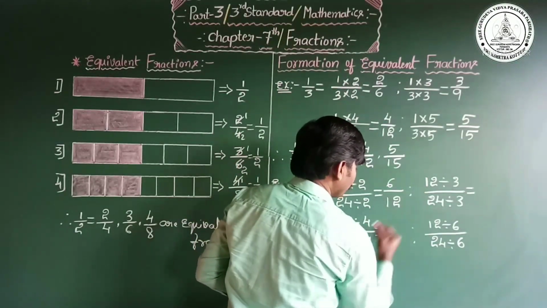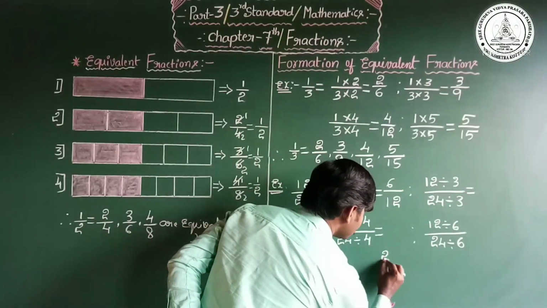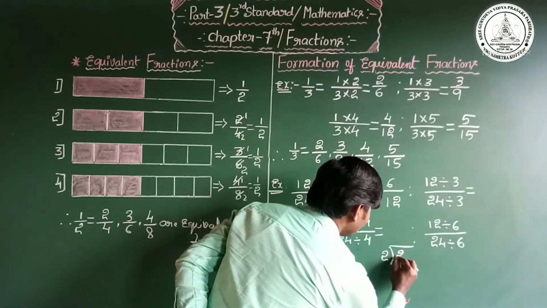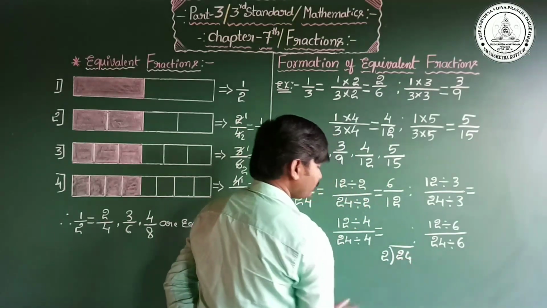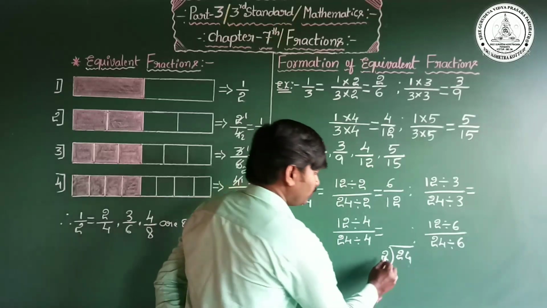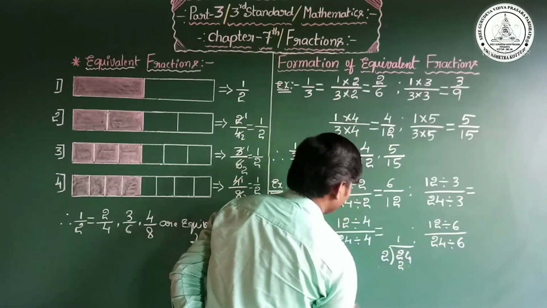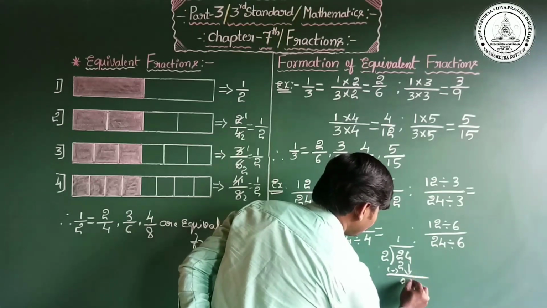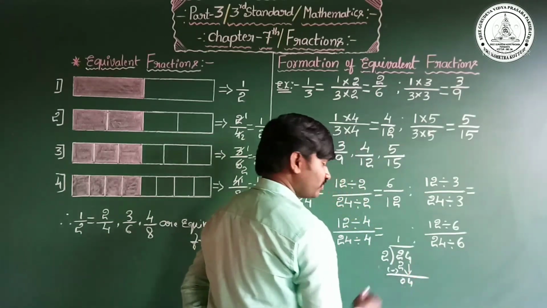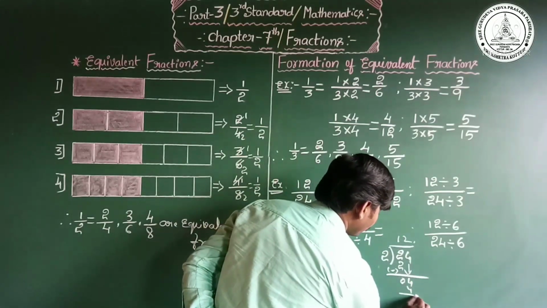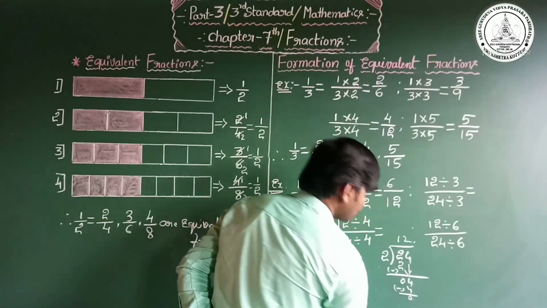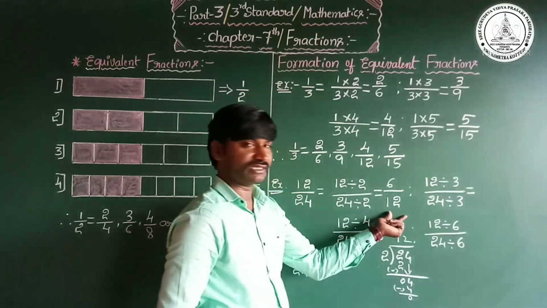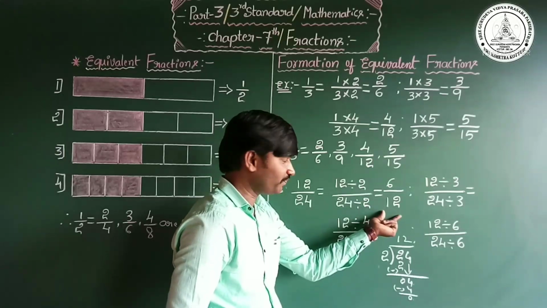Here, dear student, 24 divided by 2: 2 ones are 2. That's clear. Bring down the next digit 4. 2 how much is 4? 2 twos are 4. 4 minus 4 is 0. That's 12, the quotient. Okay.